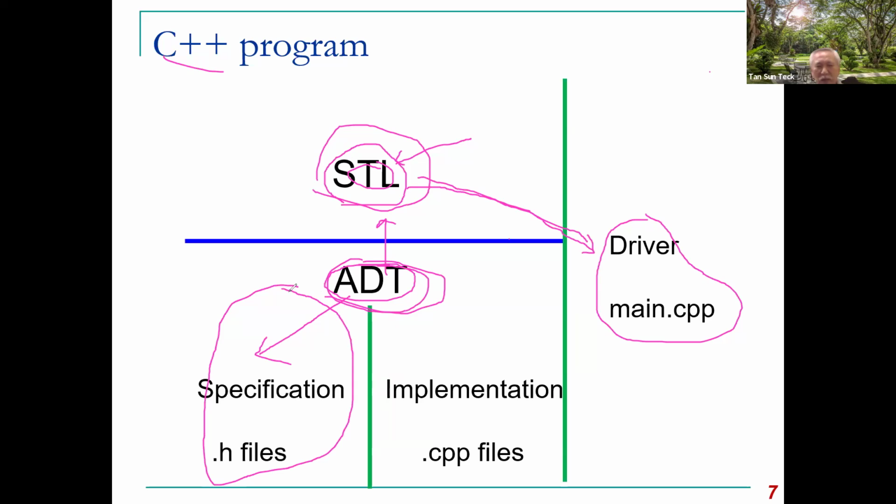It will tell the user how to use this ADT. What are the methods you have inside there? Maybe sometimes it provides what precondition must be satisfied in order to use this ADT, right? And of course, if you are also the one implementing it, then you have to implement the operations inside the C++ file, okay?